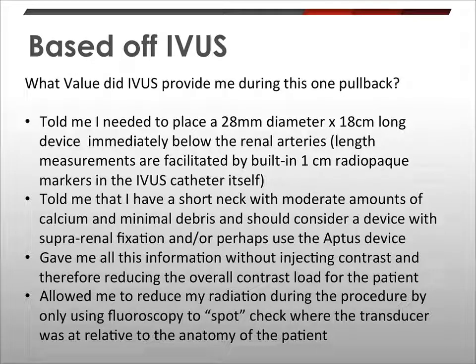It told me that I had a short neck with a moderate amount of calcium but minimal debris, and so I chose a suprarenal device and considered using the Aptus stapling device because it is a fairly short neck here.